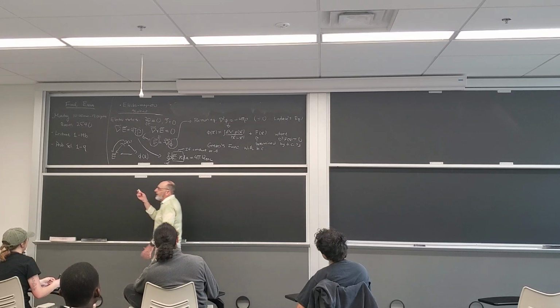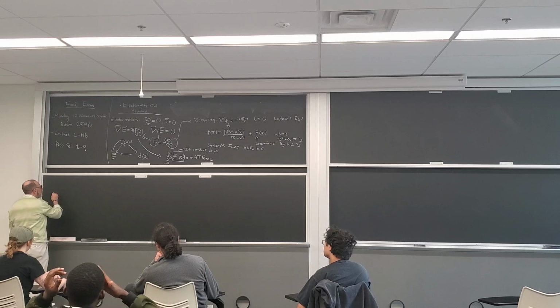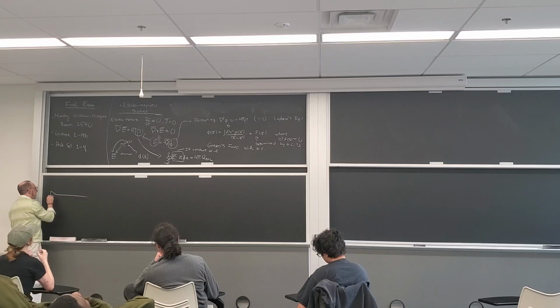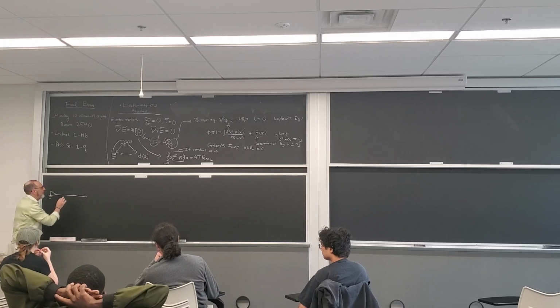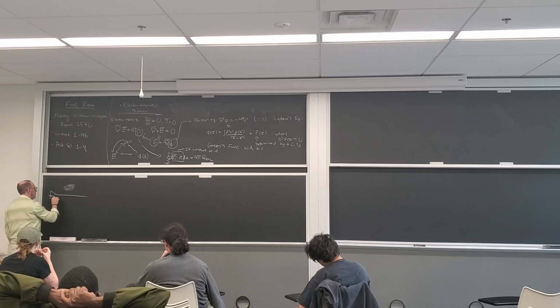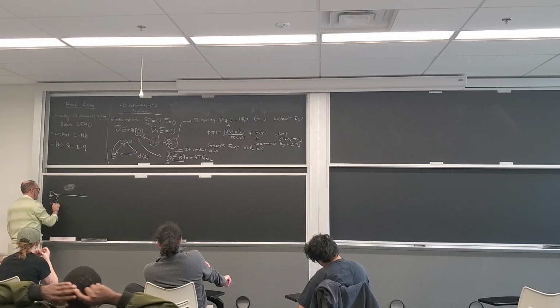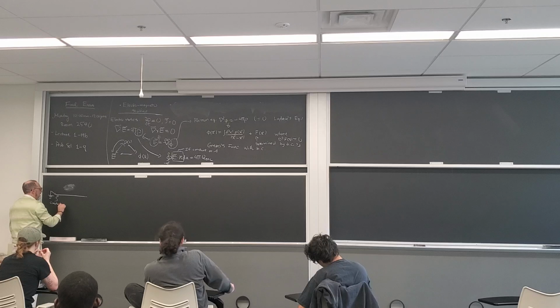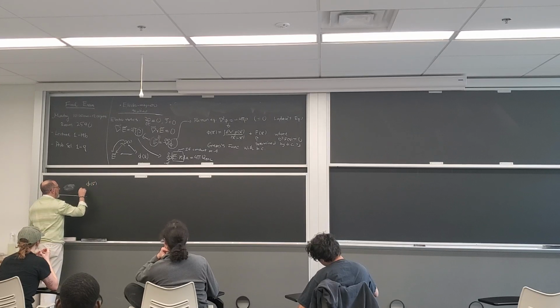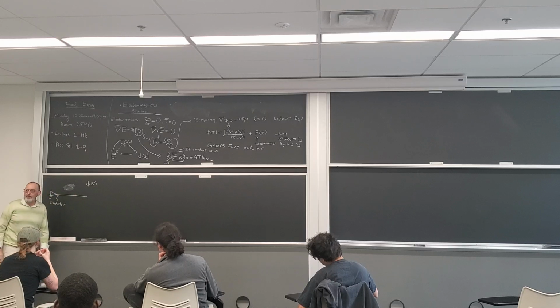So let's just remind ourselves of a problem like, say we had a grounded conductor, and we have some charge density near the surface of the conductor. And I want to find the electrostatic potential at some point here, okay?